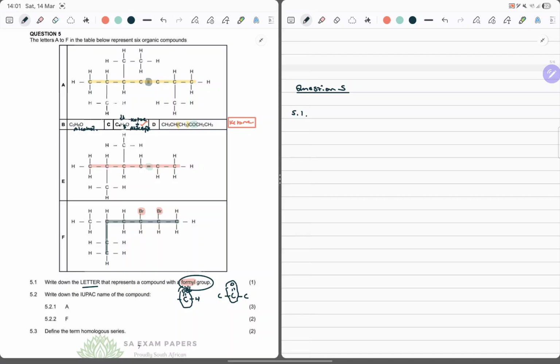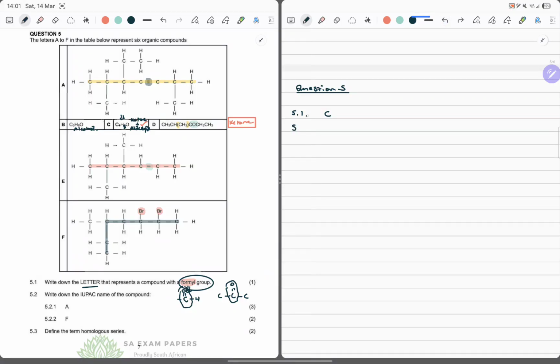Since we saw a ketone on the other side, and this could be represented by that letter, even if there is another one that we missed, we know it's going to be letter C.